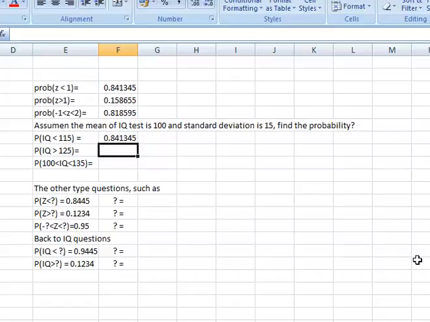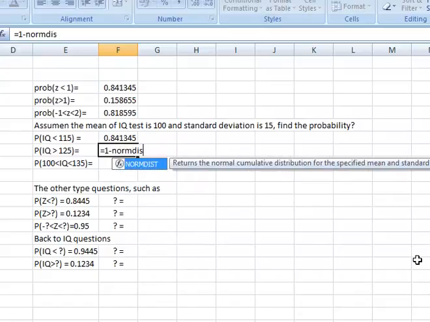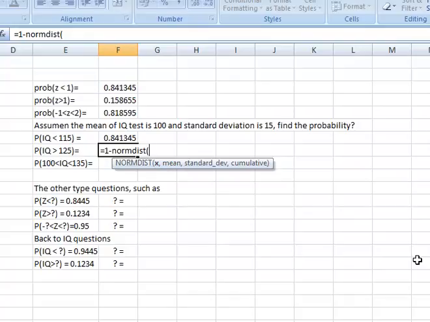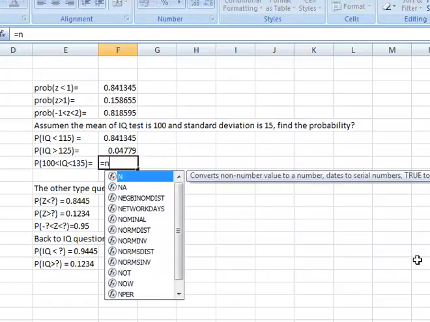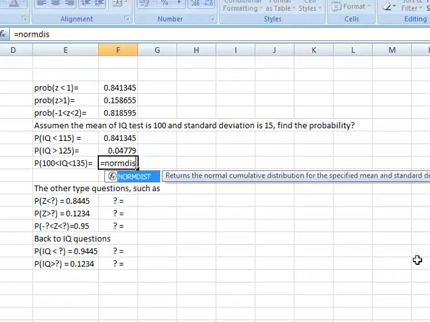Now, for the probability IQ greater than 125, you use equal 1 minus NORM.DIST. Now you put in 125 and then mean 100, standard deviation 15, and logic number 1. So if we want to find the probability of IQ between 100 and 135, we use equal NORM.DIST.